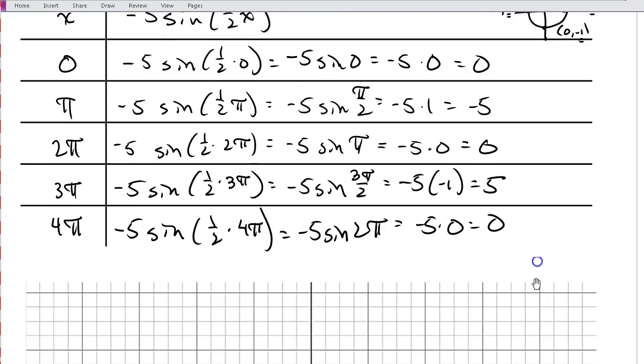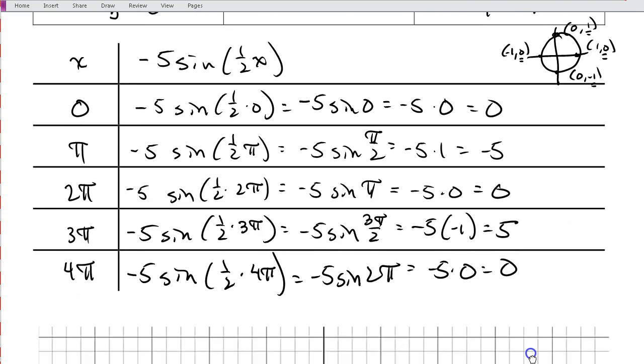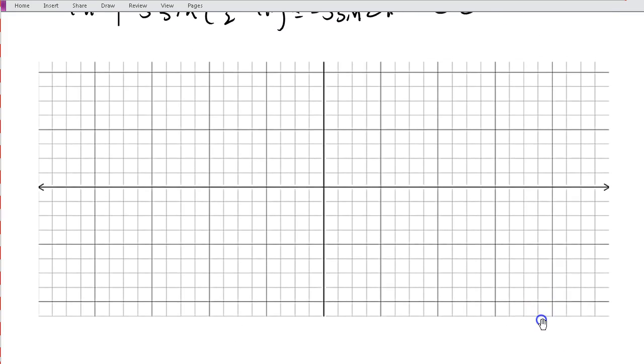Let's mark my graph here. We'll go every pi. So pi, 2 pi, 3 pi, 4 pi. And then we'll mark in enough to do 2 periods. Again, I don't care if you go 2 to the right or 1 right and 1 left.